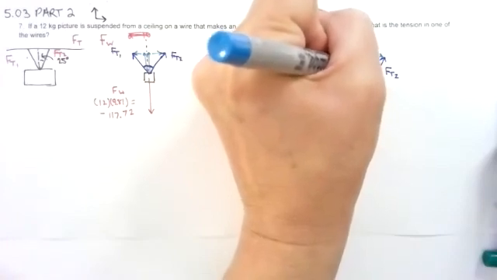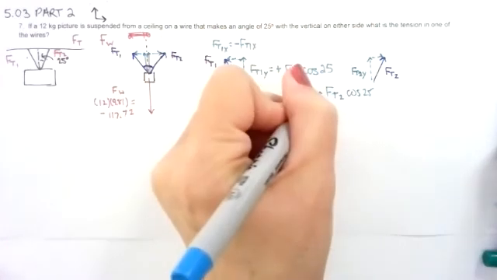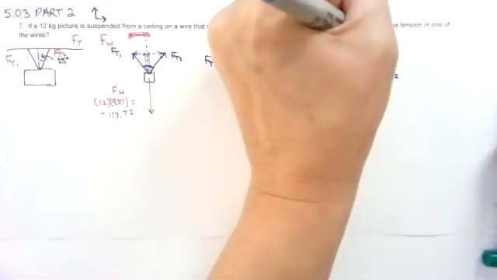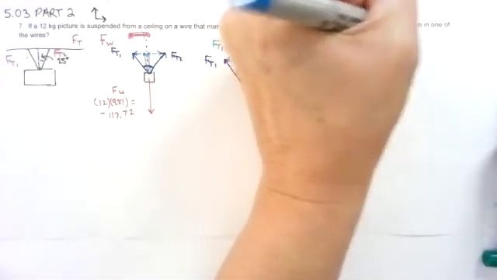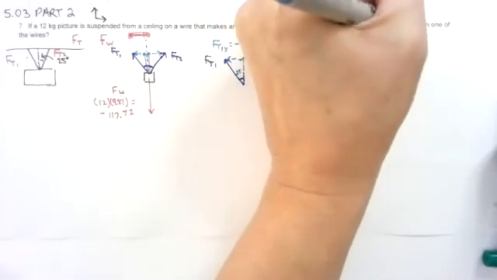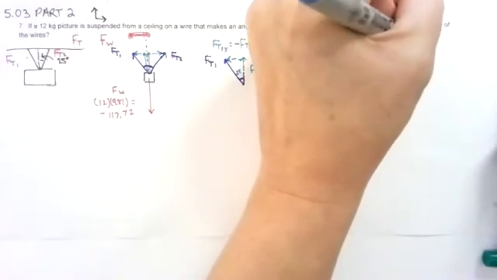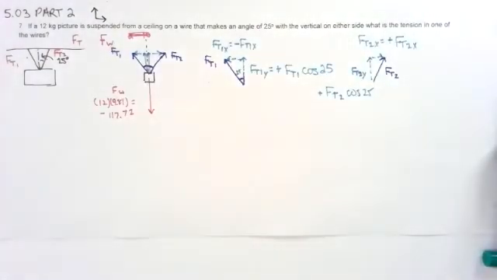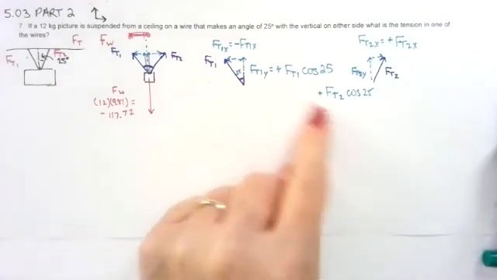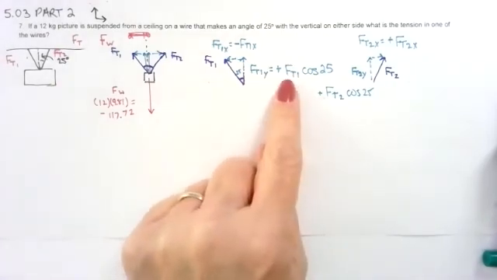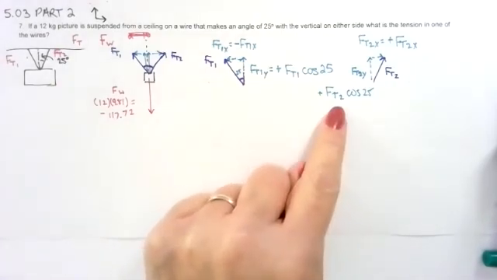So FT2y is going to be equal to this, and FT2x is going to have a value of positive. Well, I know the tension is going to be the same. I just don't know what it is. So I can just change this basically to FT.